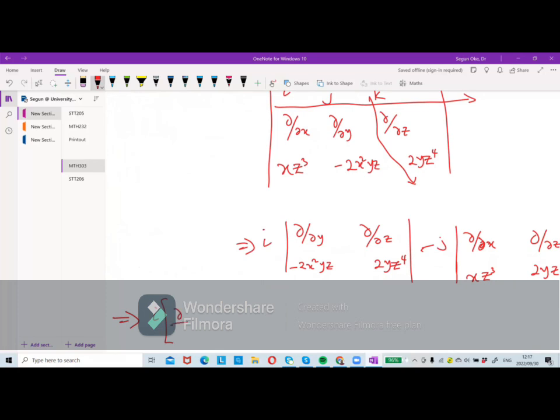The d/dy will be for 2yz^4, minus d/dz of minus 2x^2 yz, minus j. Although you can put plus there now because of the sign, fine, but still maintain your own if you want to maintain this. It doesn't get confusing.